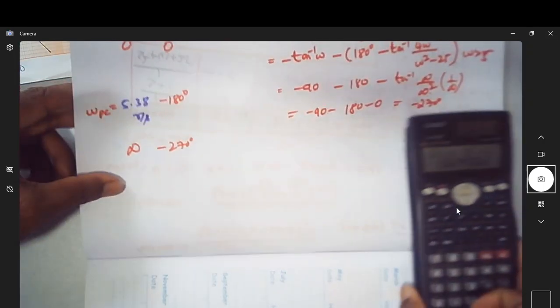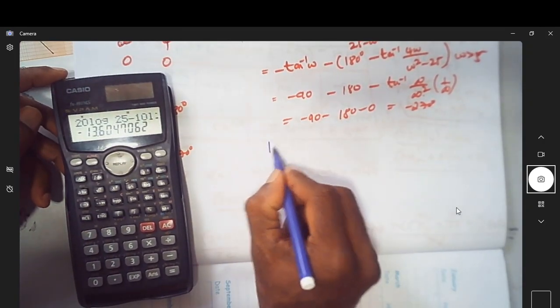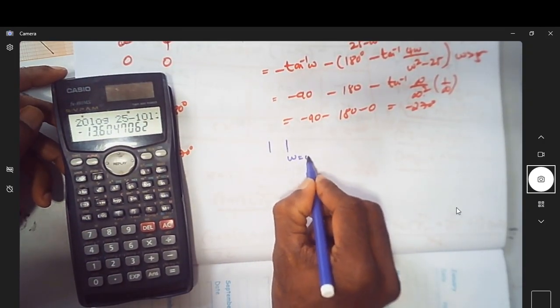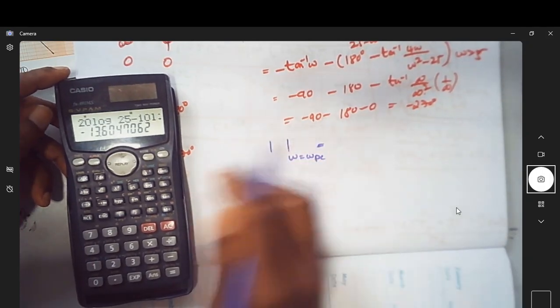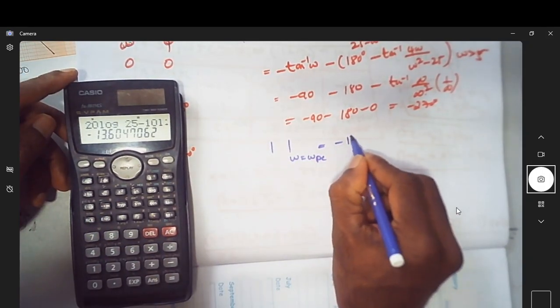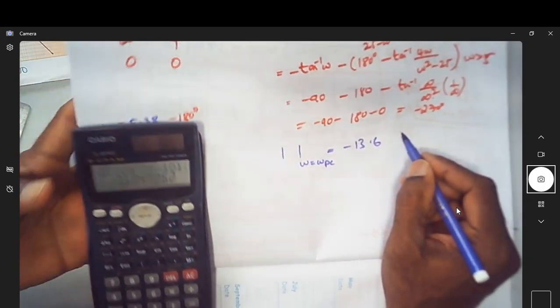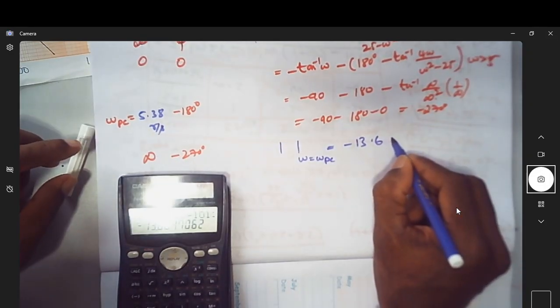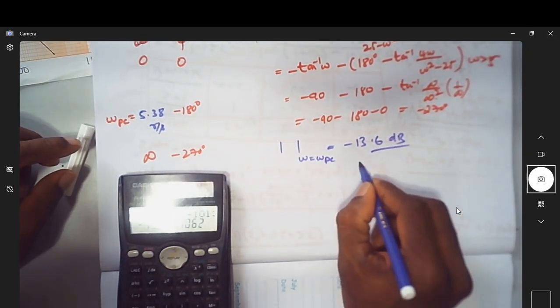So using calculation also, the magnitude at omega equal to omega PC is, from the equation, minus 13.6 dBs. So what is gain margin then?